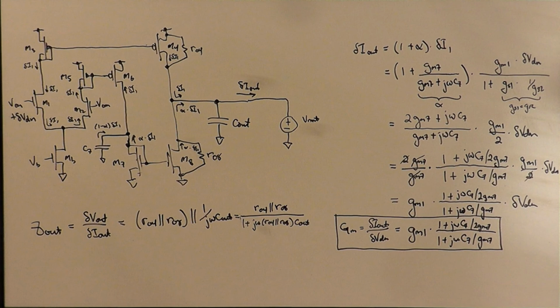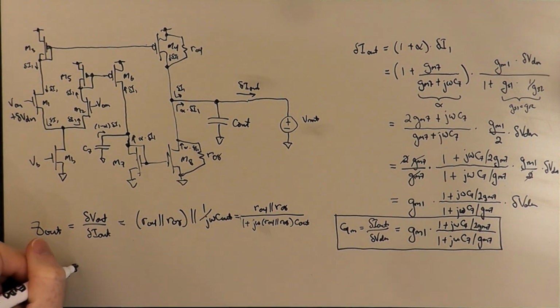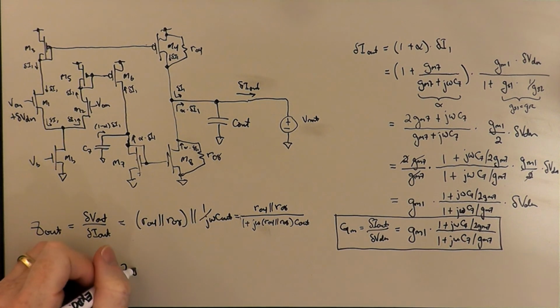And so if we were to combine these by node fixing, we'd have that the differential mode gain, which is delta V out over delta VDM, would be equal to GM times Z out.